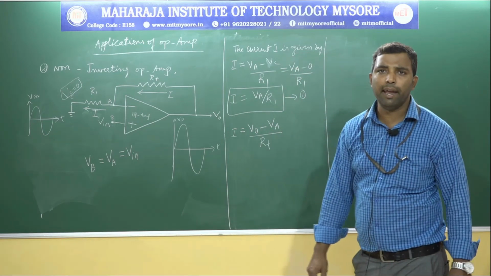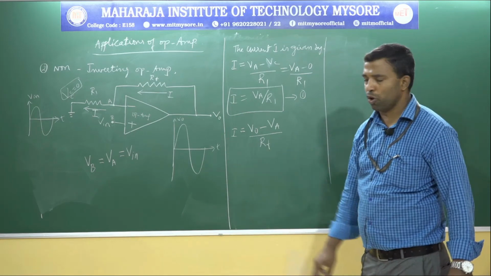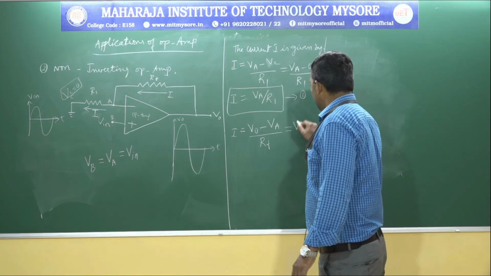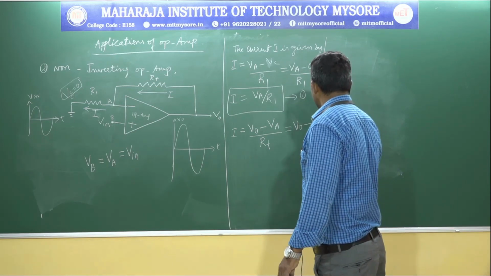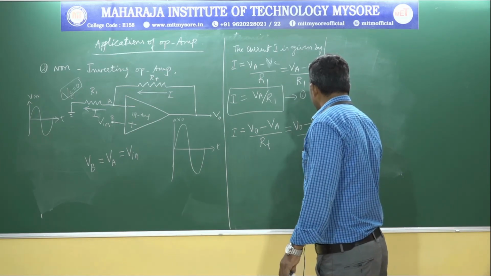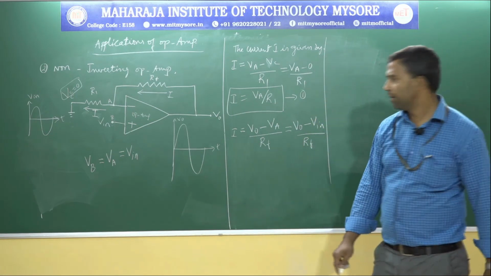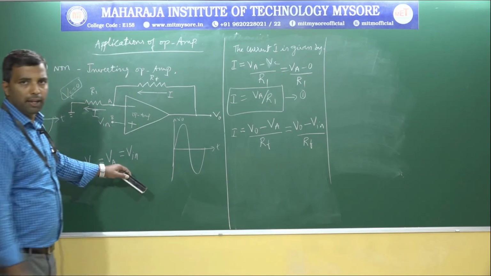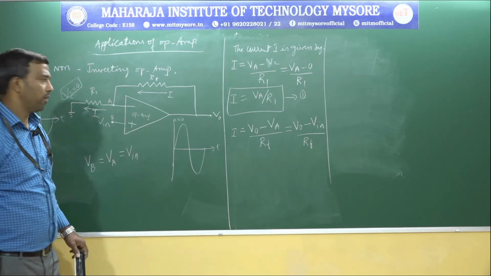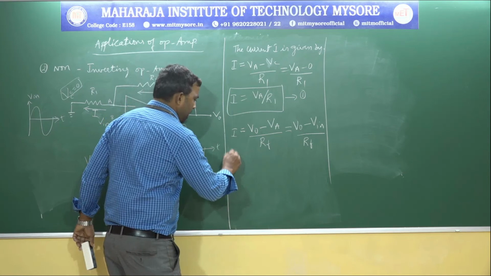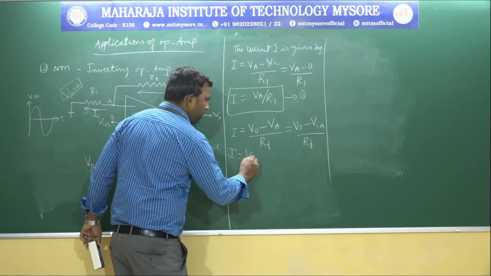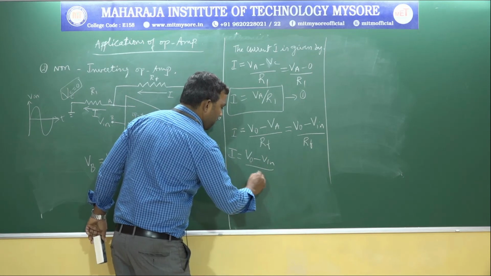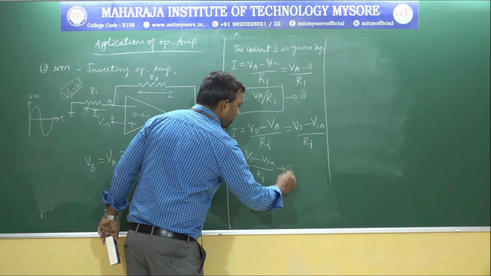What is the value of VA? VA is Vin due to the virtual ground property. Therefore, VO minus VA is nothing but VO minus Vin divided by RF. Therefore, I can write I equal to VO minus Vin divided by RF. Call this expression number 2.